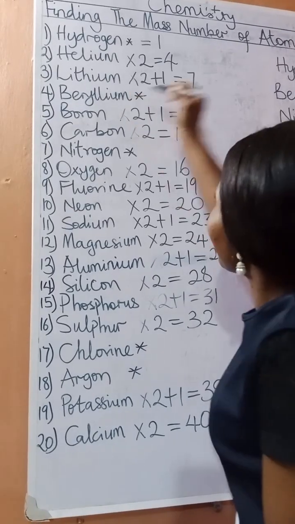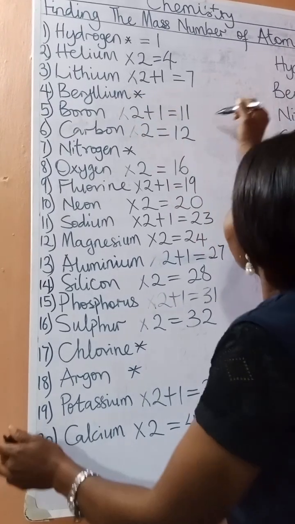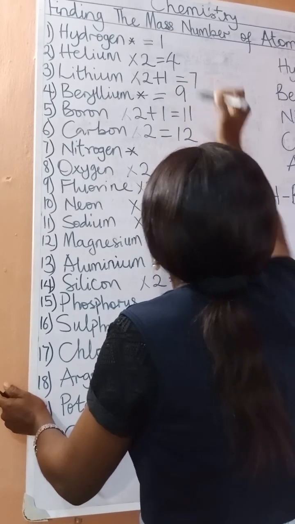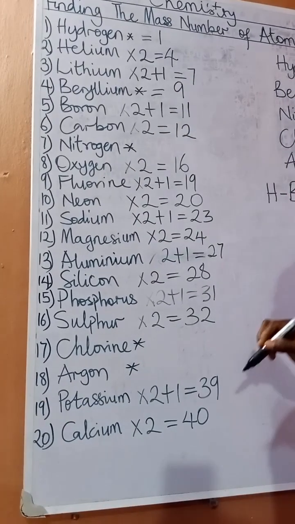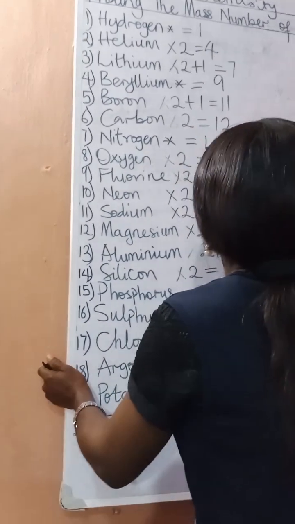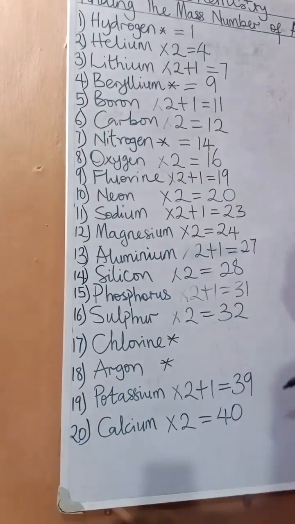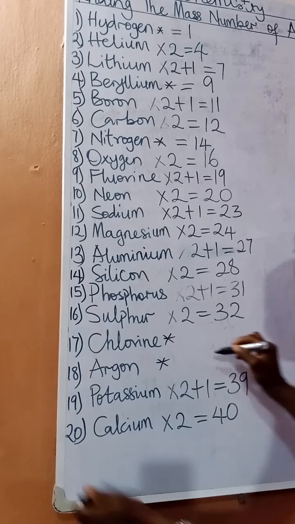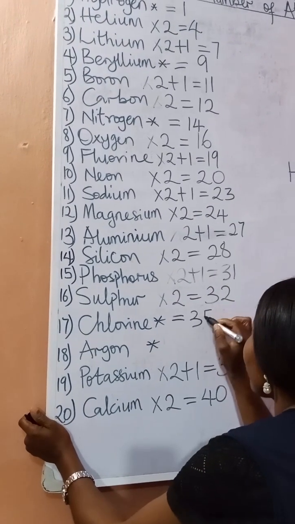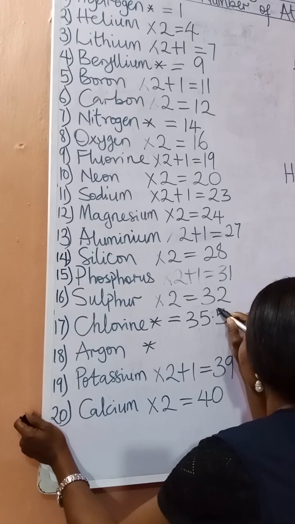The mass number of beryllium is equal to 9. The mass number of nitrogen is equal to 14. The mass number of chlorine is equal to 35.5.